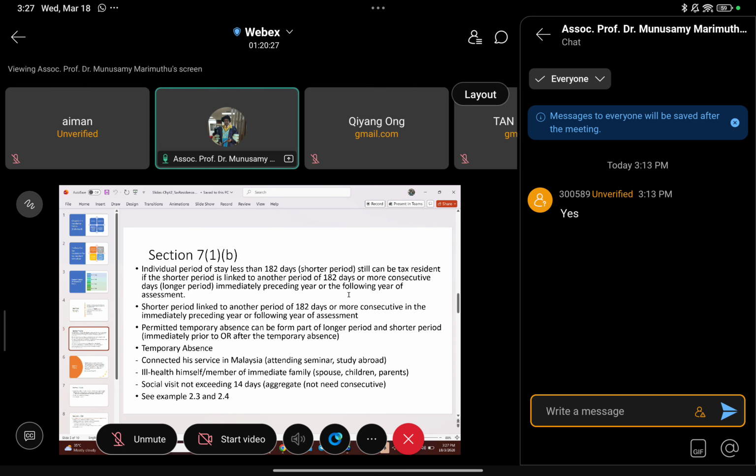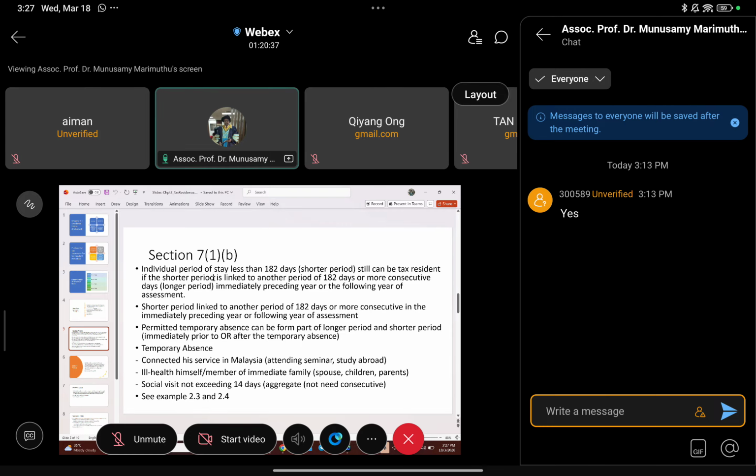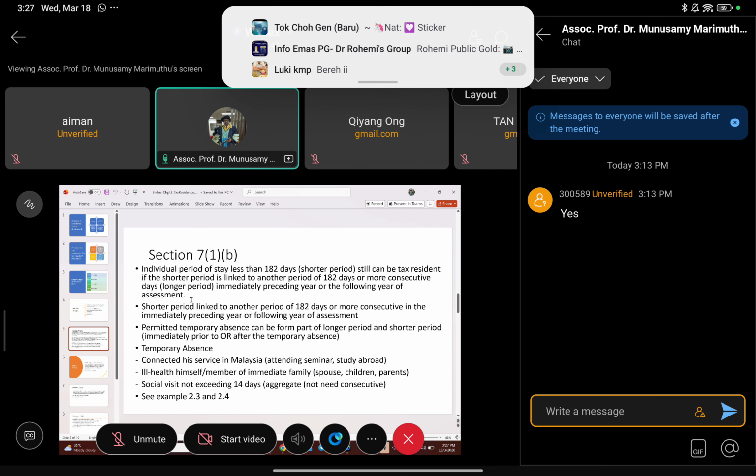Okay, let me put before first. That means the year in question is less than 182, can become a resident if the shorter period is linked to another year, preceding, before or after, of more than 182. The year that it links to should have more than 182.